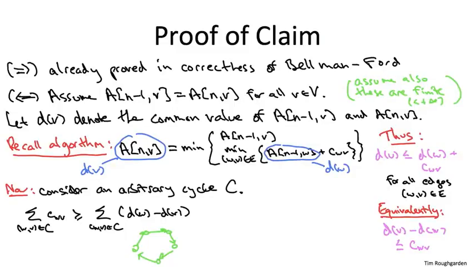So each d value of a vertex on this cycle is going to appear once with +1 coefficient, once with -1 coefficient. So we get massive cancellation, and we're left with just 0. So the cycle capital C has non-negative cost. That was an arbitrary cycle, so it's true simultaneously of all of the cycles in the input graph. That's exactly what we were trying to prove.